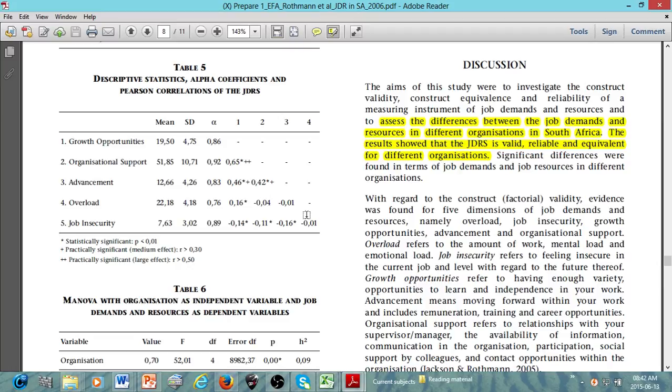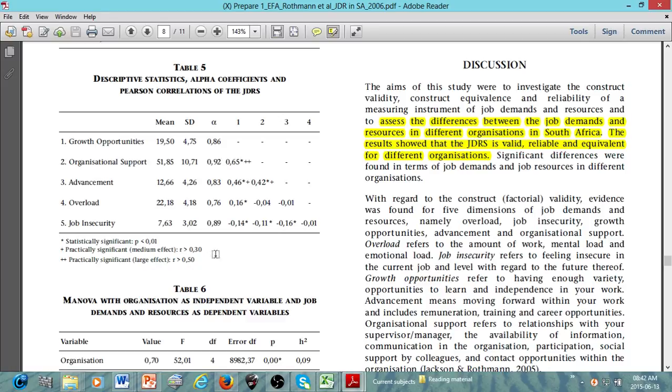We're just looking at the numbers here. In any case, moving on to the correlation coefficients.